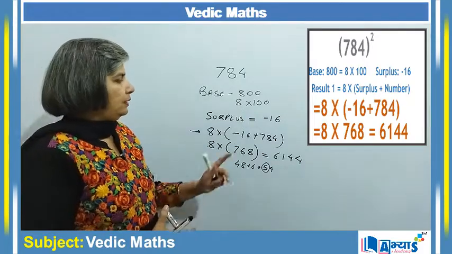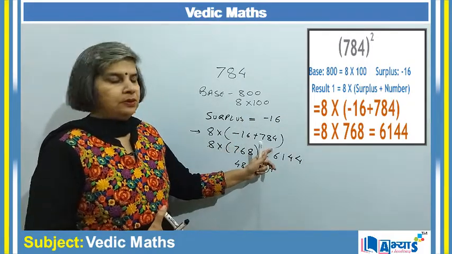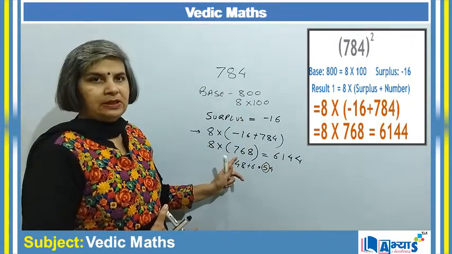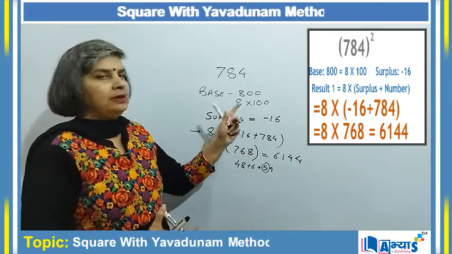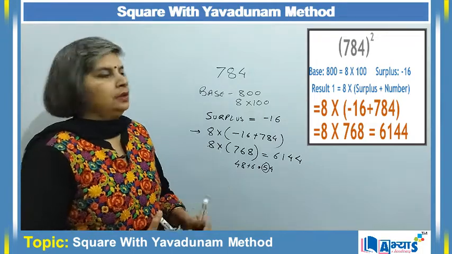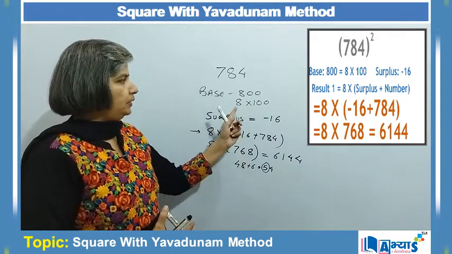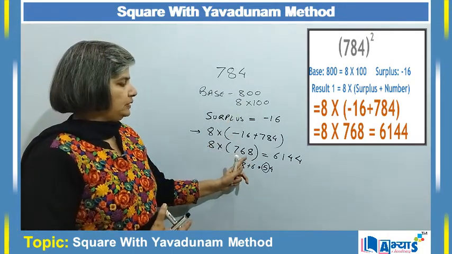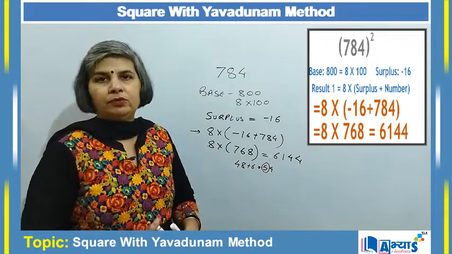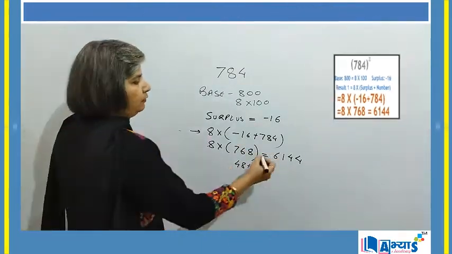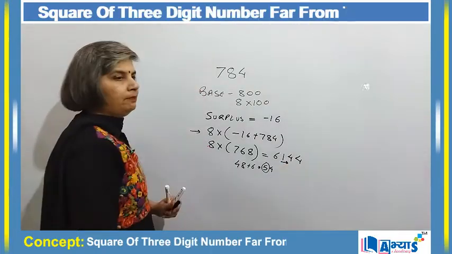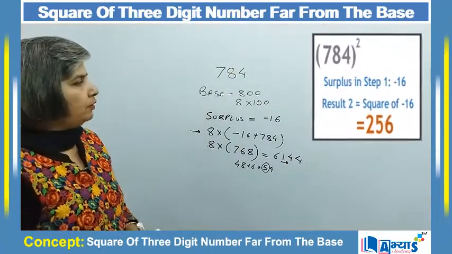Then I added the surplus and the number and got 768. Then I multiplied 768 with 8, because the base was 8 into 100, and 8 into 768 is 6144. So this is result 1. Now result 1 is 6144. In the next step, we will find the square of the surplus.